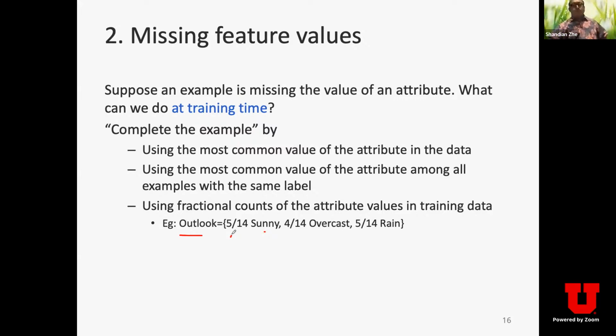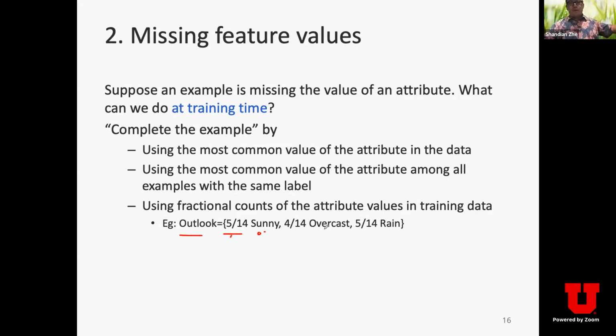Say, in our data set, we got 14 examples, 5 of which are sunny, 4 of which are overcast, and 5 of which are raining. Then I'm gonna assign the fraction 5 over 14 as my count for the first example, in which we assign outlook as sunny.